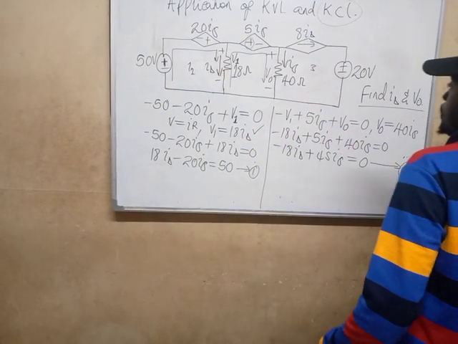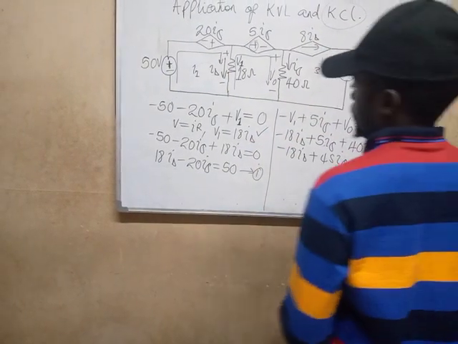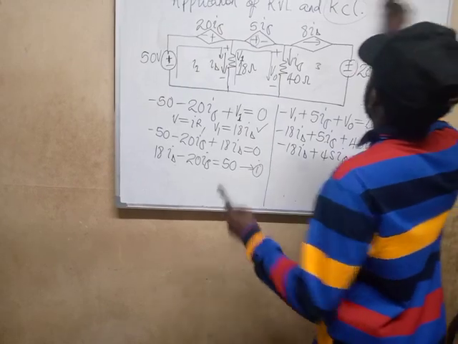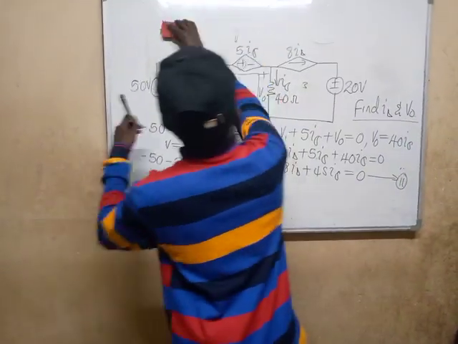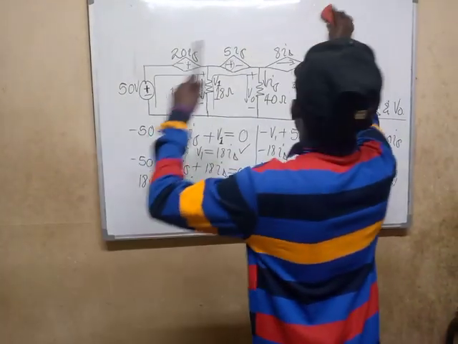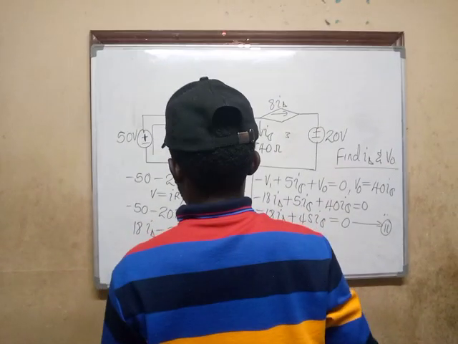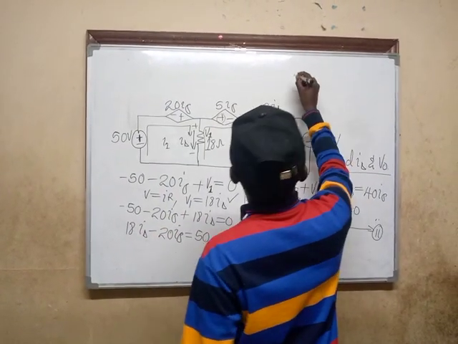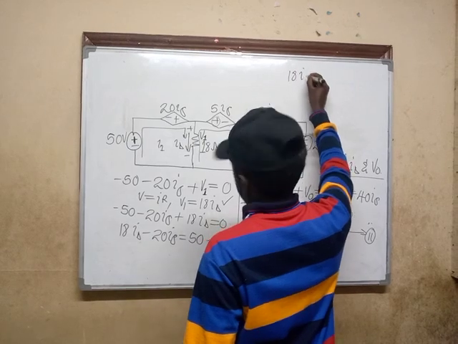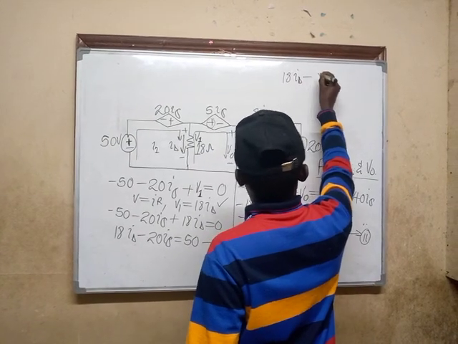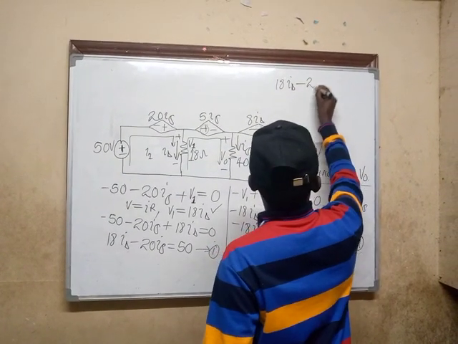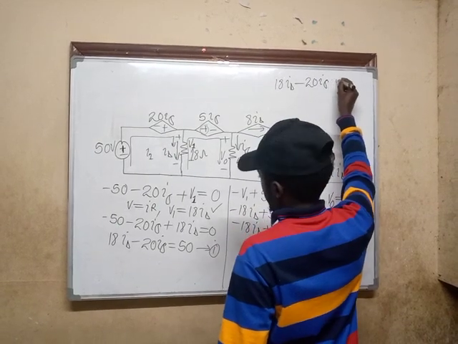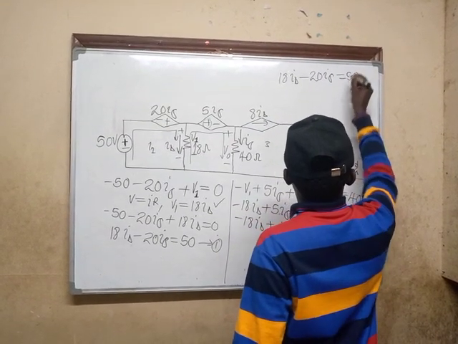Let me write these currents somewhere here. I don't want to clutter my circuit diagram. So I have 18 I delta minus 20 I sigma equals 50.